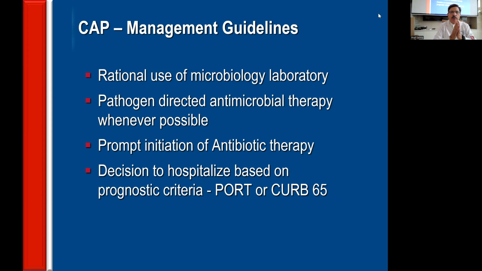So you have to use the microbiology rationally. Not that every pneumonia patient requires a culture. We don't require it. In community-acquired pneumonia, generally culture is not required. If you require a pathogen-directed one, in an institution, in an ICU, in a ventilator setup, that is a difference. And don't wait for the bacteriology.